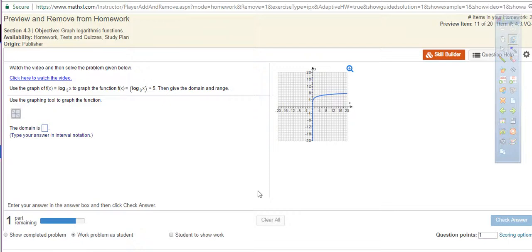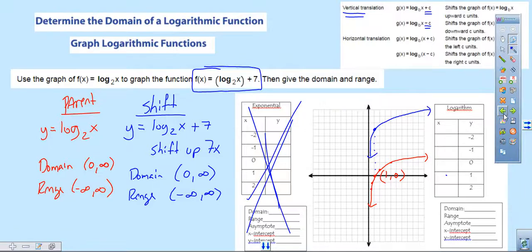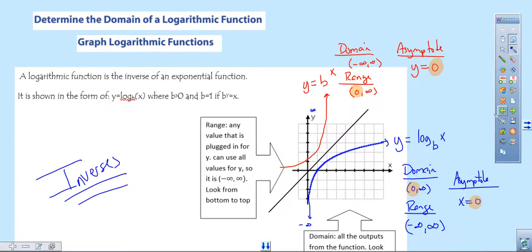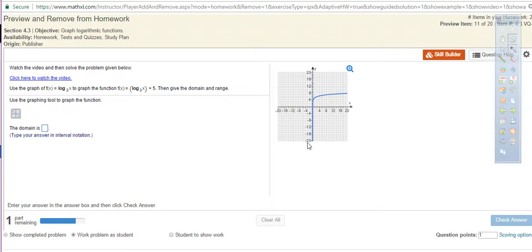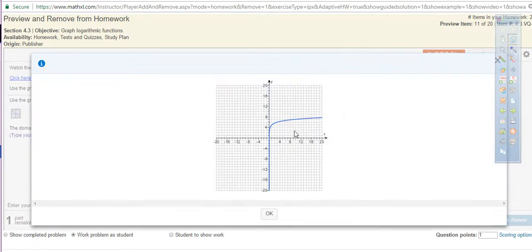Now they ask us for the domain. Okay, well, we've got in our notes, we talked about on this parent function here that my domain will come from my asymptote, right? So wherever you see your asymptote, that's where your domain is going to start. So we come back to the problem, we look at it, and I see that this guy never crosses 0. So if I make that bigger again, this graph is never going to go across x equals 0.